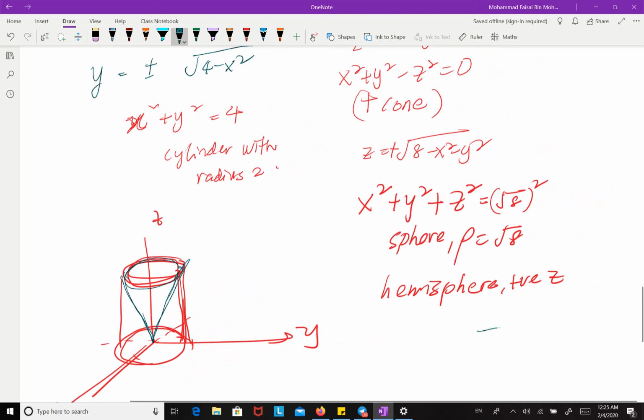Square root of 8 is square root of 4 times 2, which is 2 square root 2.